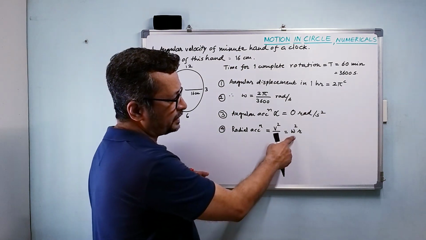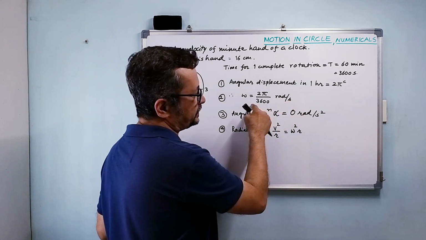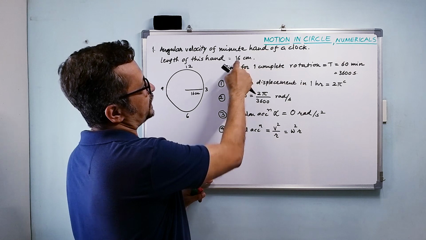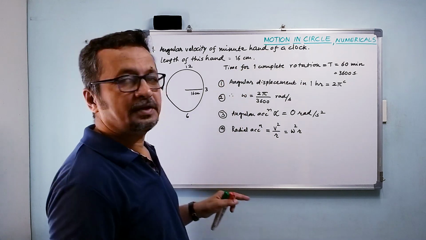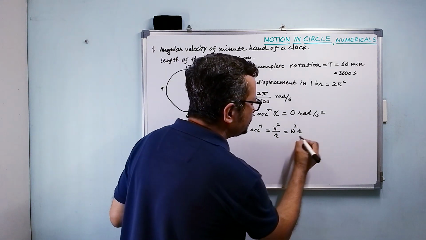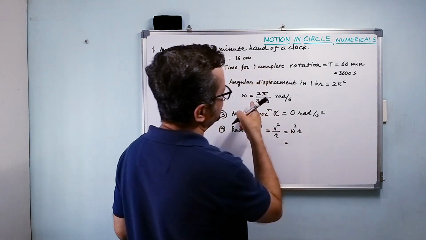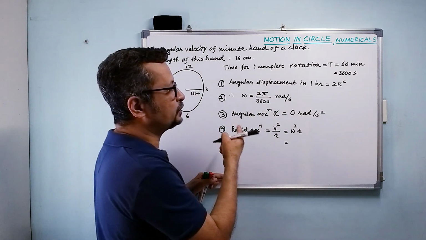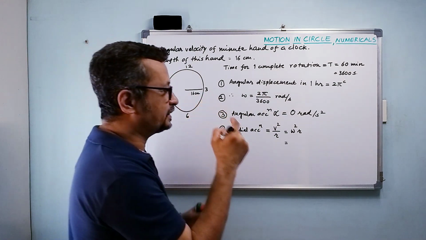Now I have my angular velocity here, which I have already calculated. I also know the radius of the circle, that is the length of the minute hand. So I just substitute that here. It is 2 pi upon 3600, which is equal to pi upon 1800.